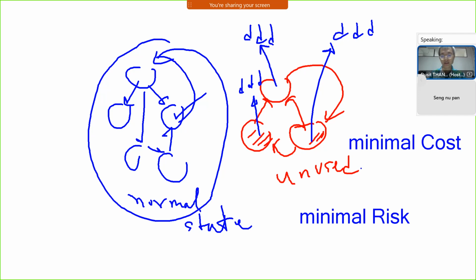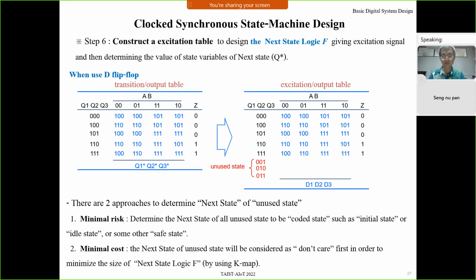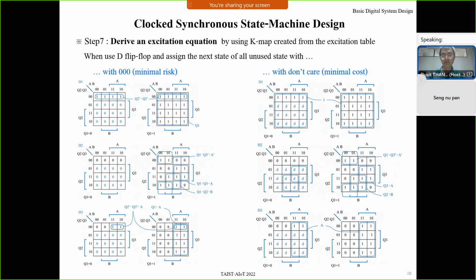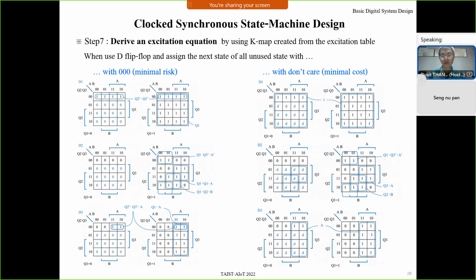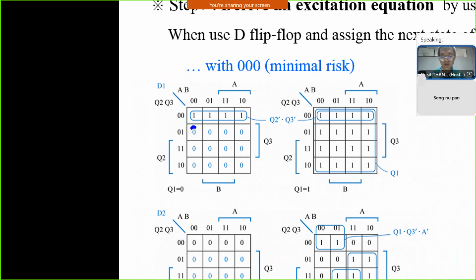So for this example, I will show you two of them. For minimal risk, in this case, I define the next state of the unused state to be 0, 0, 0. That means the output is 0, 0, 0, or back to the initial state. This is minimal risk. If you see in the K-map, this one is 0.